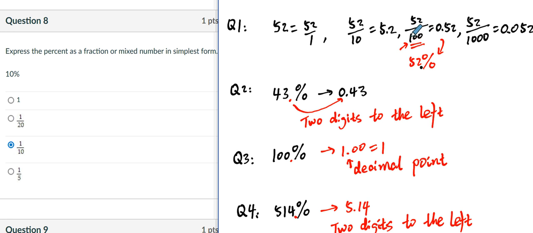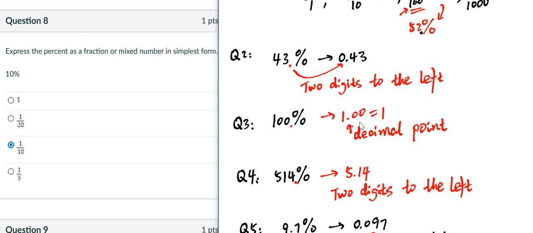If you want to get rid of this percent sign, you need to have this integer, 10 over 100.